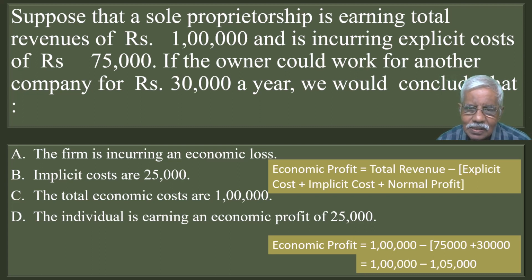He is paying salary to himself. 75,000 plus 30,000, 1 lakh 5,000. 1 lakh minus 1 lakh 5,000, negative 5,000 loss, economic loss. Here we assume normal profit is 0. The firm is incurring an economic loss. That is the correct option.